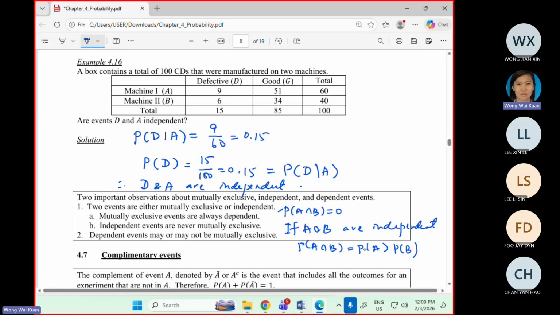You don't get 0. Okay, but now dependent events. Dependent means they are not independent, so it could be mutually exclusive, or it could be not mutually exclusive. It may or may not be mutually exclusive. Okay?